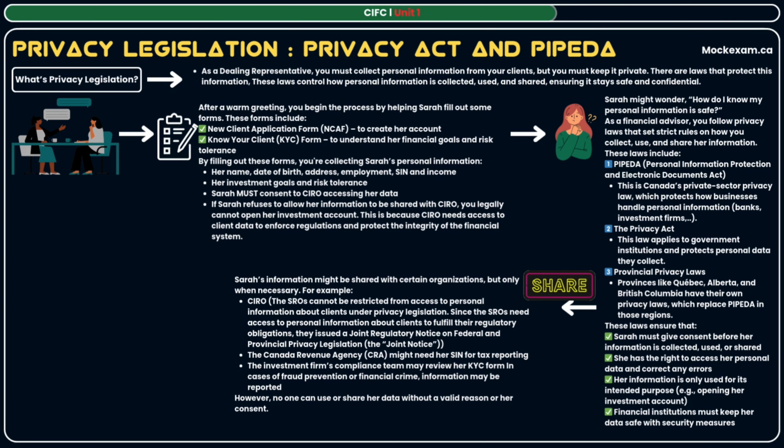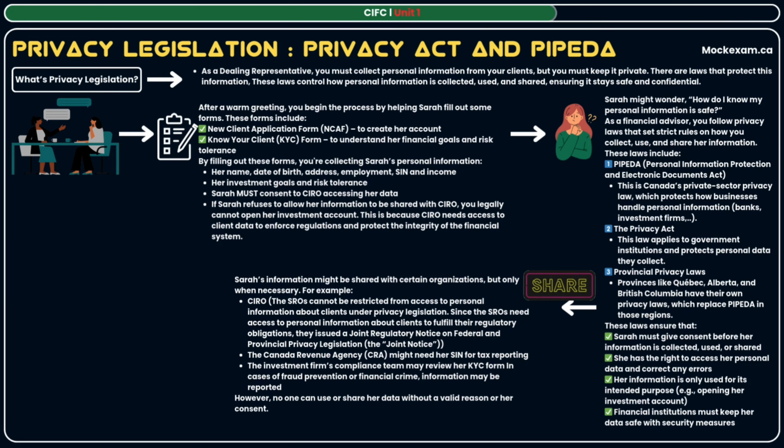Also, the investment firm's compliance team may review Sarah's KYC form. We said that every financial institution, bank, investment firm, everyone has a department called the compliance department. That department may access Sarah's KYC form, which consequently gives access to Sarah's personal information.